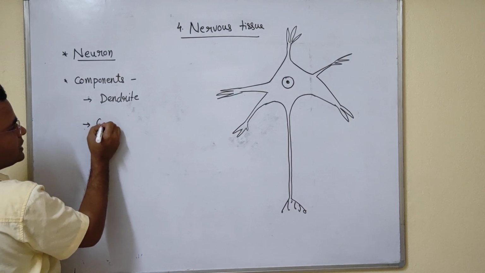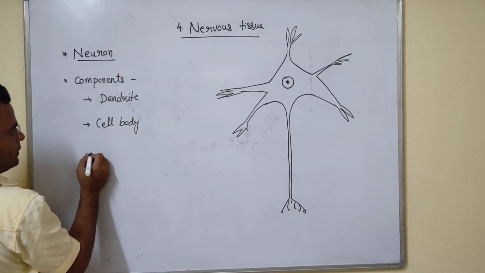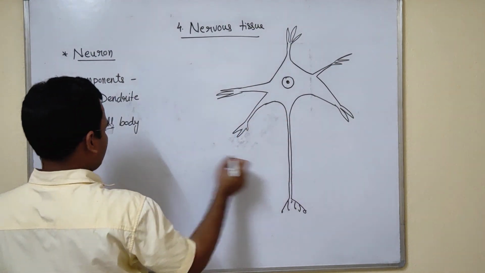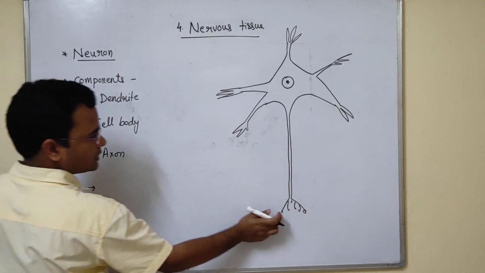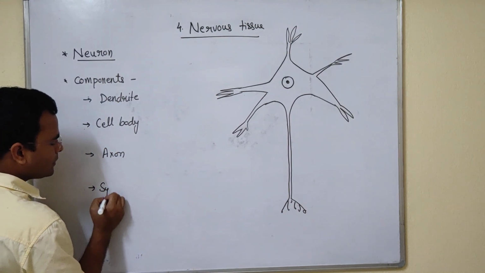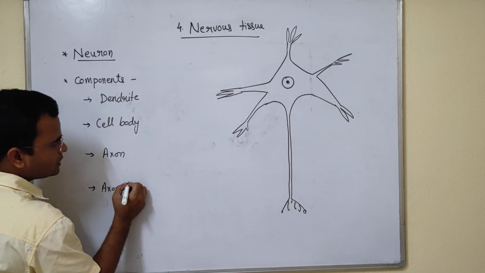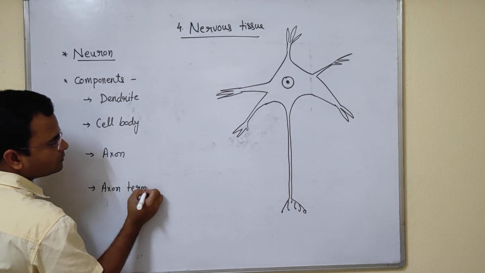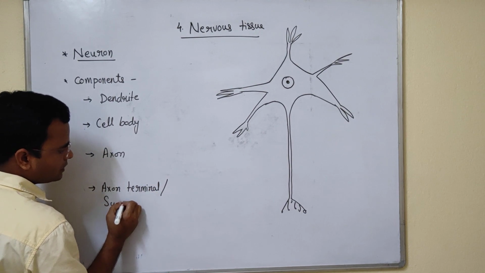Second one, cell body or cyton also we are saying. Then axon is there. Then synaptic knob is there, or axon terminal, or it is also known as synaptic knob, right?